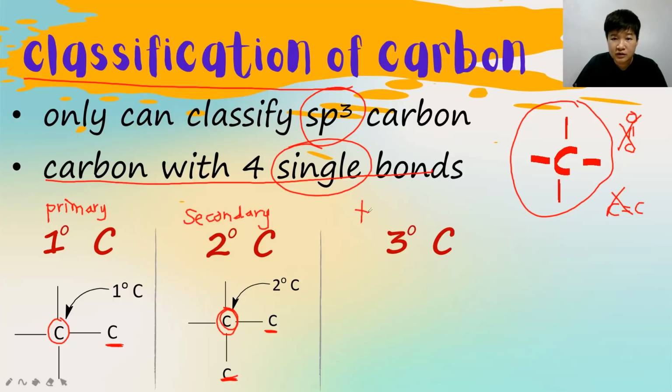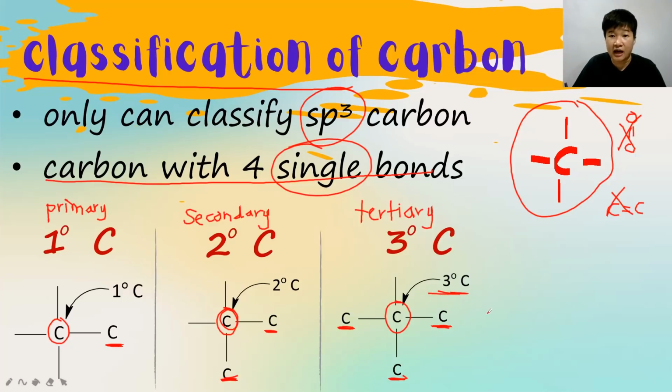Next, you have your tertiary carbon. Tertiary carbon, 3 knot. 3 knot means what? Means that your carbon is bonded with 3 carbon. And when the carbon is bonded singly to 3 carbon, that is your tertiary carbon.